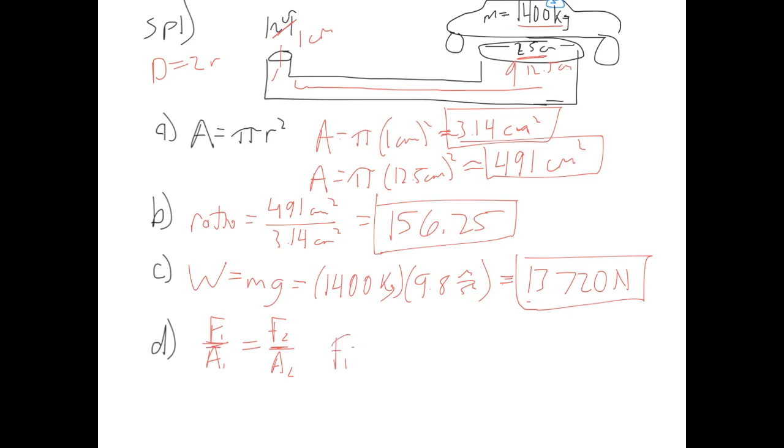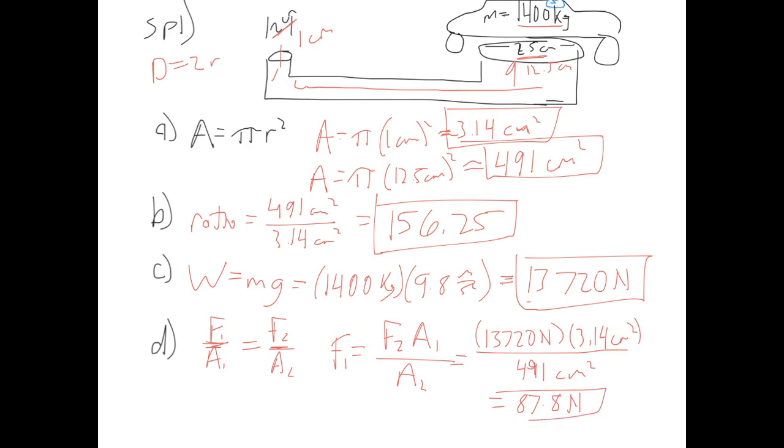So force 1 is going to equal force 2 times area 1 divided by area 2, which is going to equal 13,720 newtons times area number 1, which is 3.14 centimeters squared, divided by area number 2, which is 491 centimeters squared, which gives us an input force of 87.8 newtons.